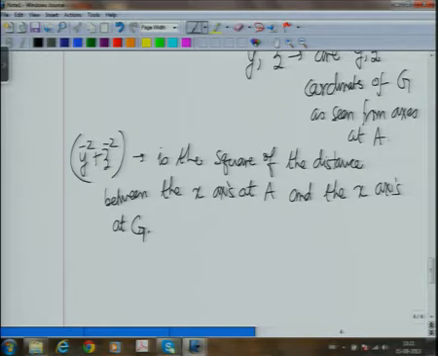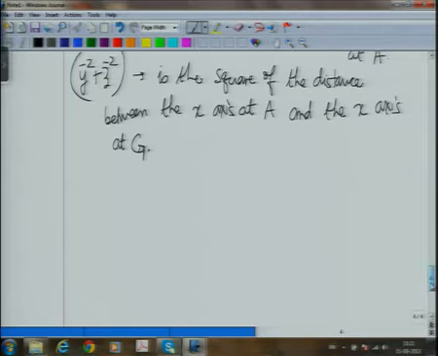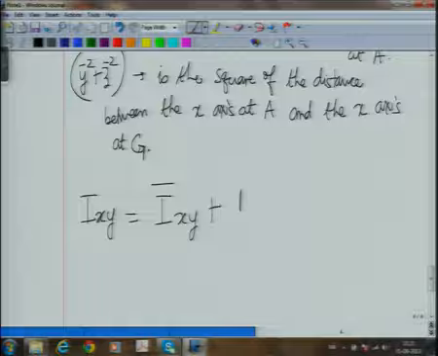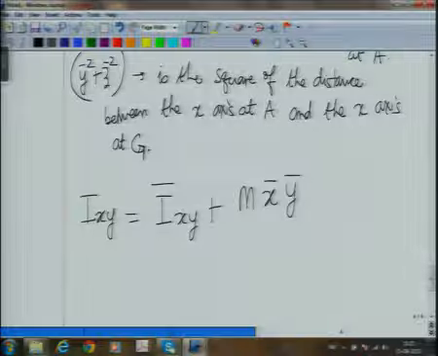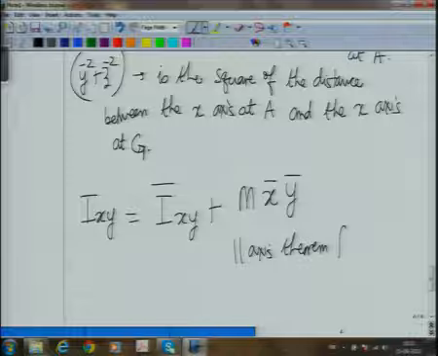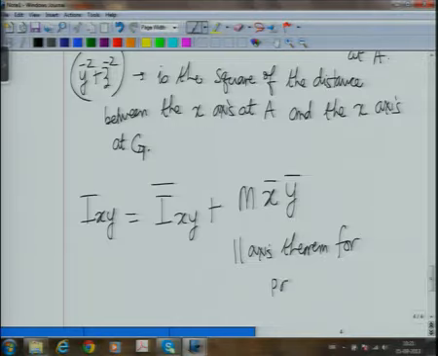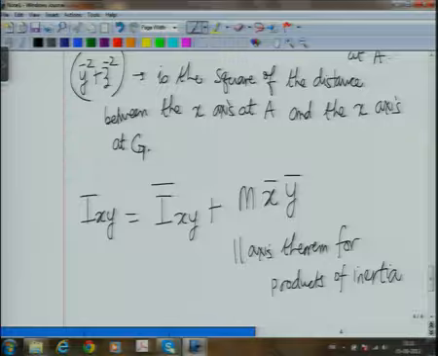Let me just state that what you will also have is Ixy, so this will be the parallel axis theorem for products of inertia. Okay. So we have a parallel axis theorem for it.